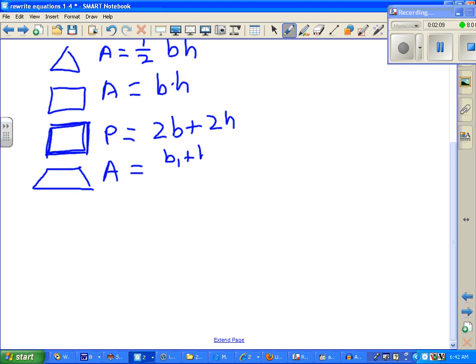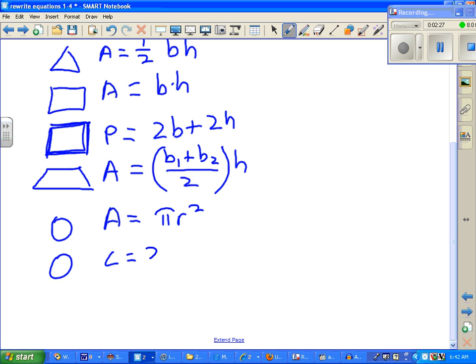We average the bases and then multiply that by the height. That's how we did it in geometry. Okay. Area of a circle is pi r squared. And the circumference of a circle is 2 pi r, or the diameter times pi. R is the radius, okay?